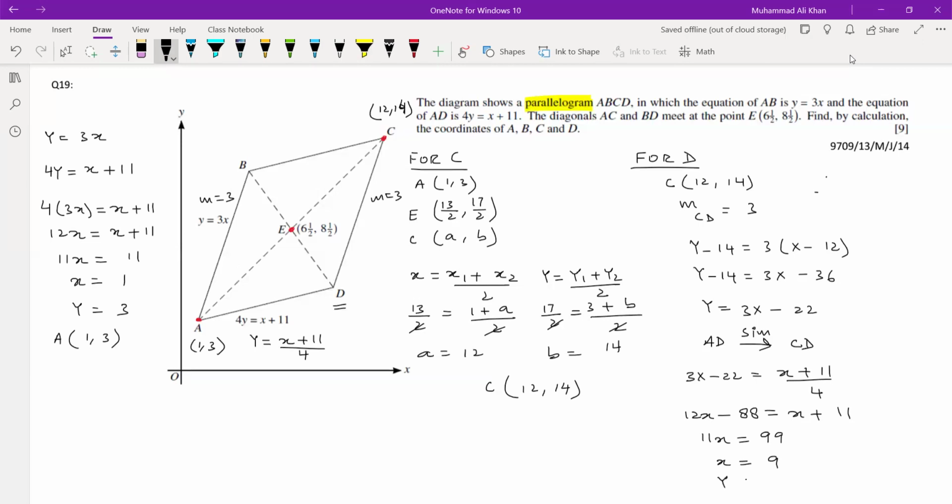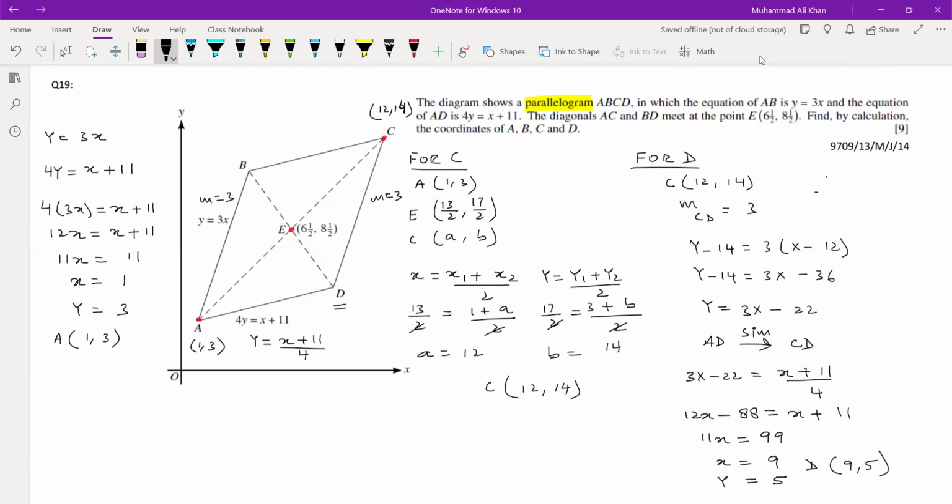So what is the value of y? The value of y is 5. So therefore, these are the coordinates for D 9, 5. Any confusion?